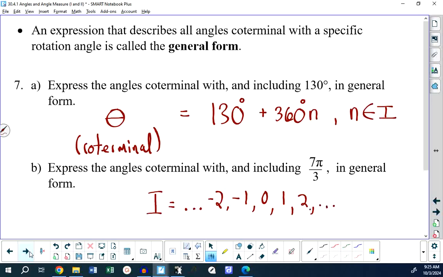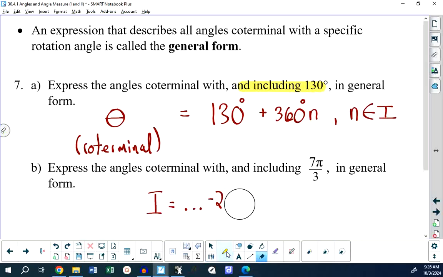So I need to use the word integer here because I have to include 0 because the question says I need to include 130. And if I put 0 in for n, I'm adding nothing to 130, that's 130. And then I have plus 1 360, 2 360, or negative 1 360, negative 2 360, so I get them all covered.